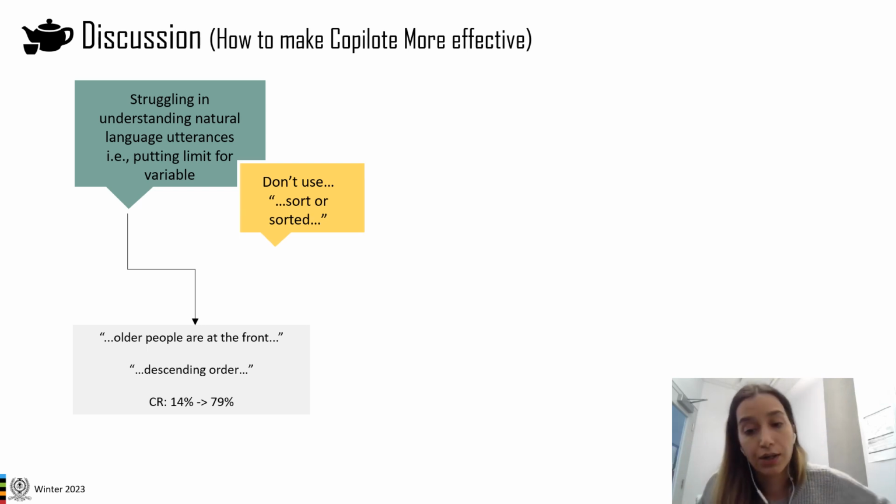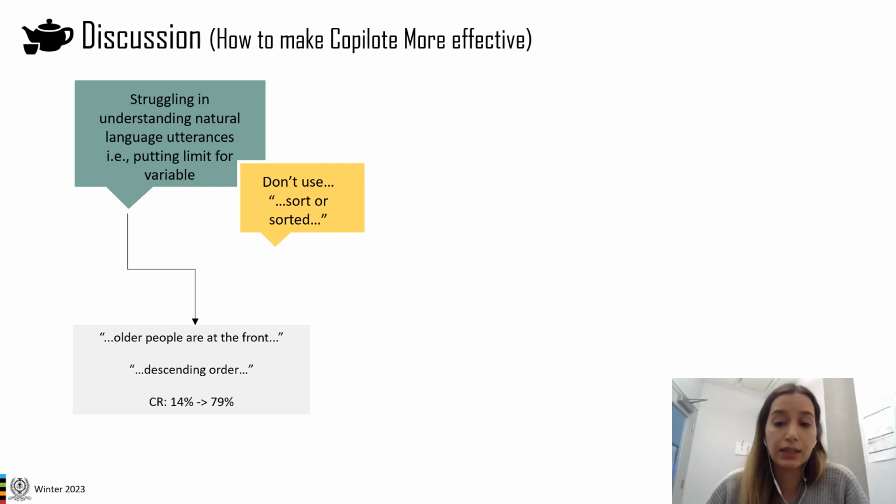Students understood it and didn't use them in their submissions, but that was not understandable for Copilot, and it suggested the majority of its solutions using the sort and sorted functions.